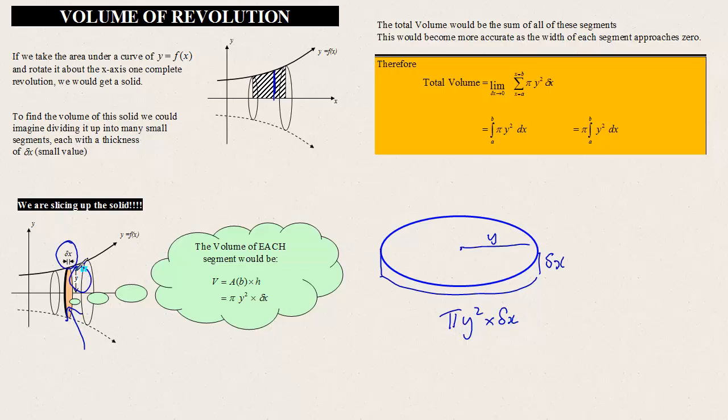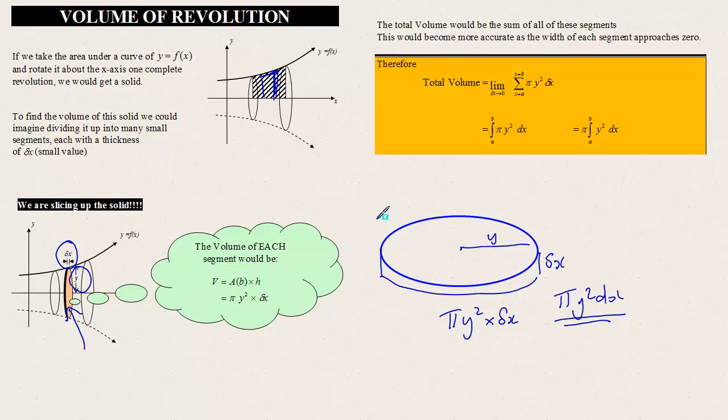And this is why we have to take delta x very small, because we're imagining this is a cylinder. If you take it much thicker, then obviously you're not getting a cylinder because the radius here is not the same as the radius there. So delta x needs to be really thin. So this is pi y squared dx.